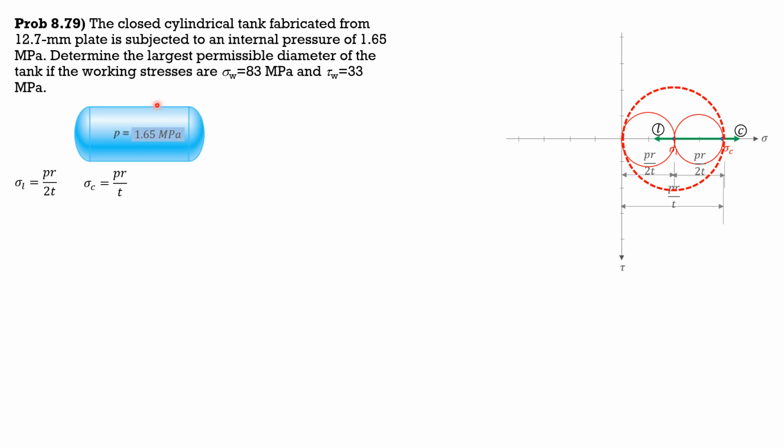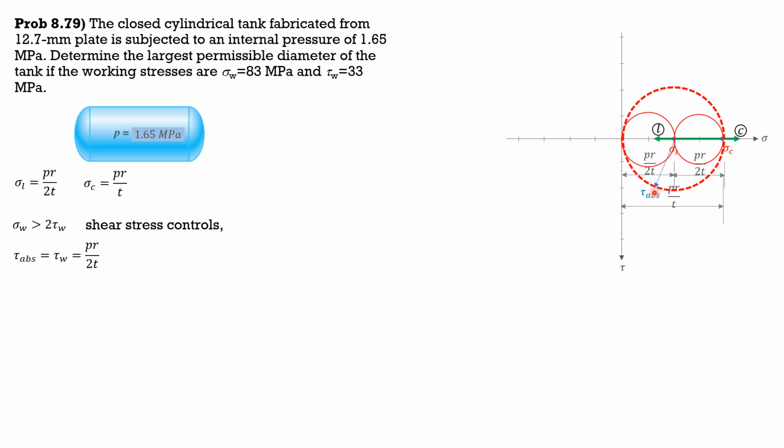Since sigma W is greater than 2 times 33, which is only 66, this is tau absolute, the greatest radius. Therefore this is smaller, so shear stress controls. So tau absolute, which is tau working stress, is PR over 2T.